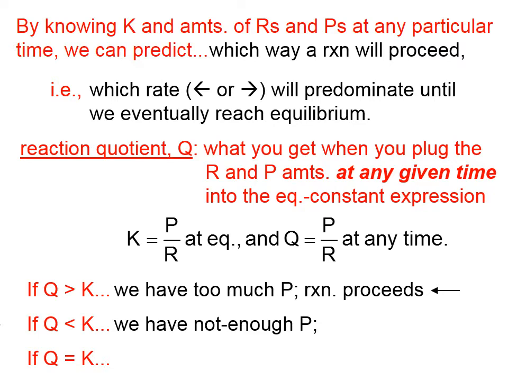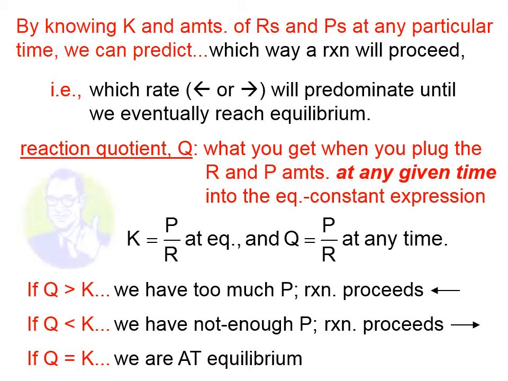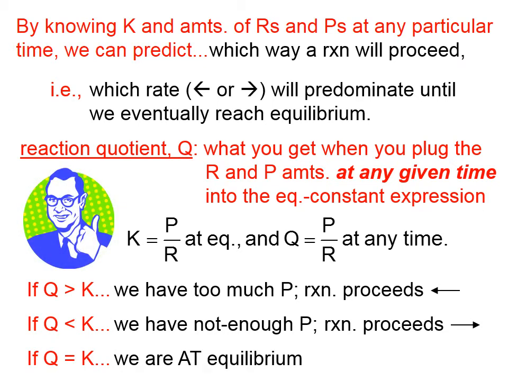And if we don't have enough products, we better make more. The forward reaction rate will be higher than the reverse reaction rate. If we plug in some numbers at some particular time and we get a value that is actually equal to K, then we know, oh, okay, I guess we're at equilibrium.